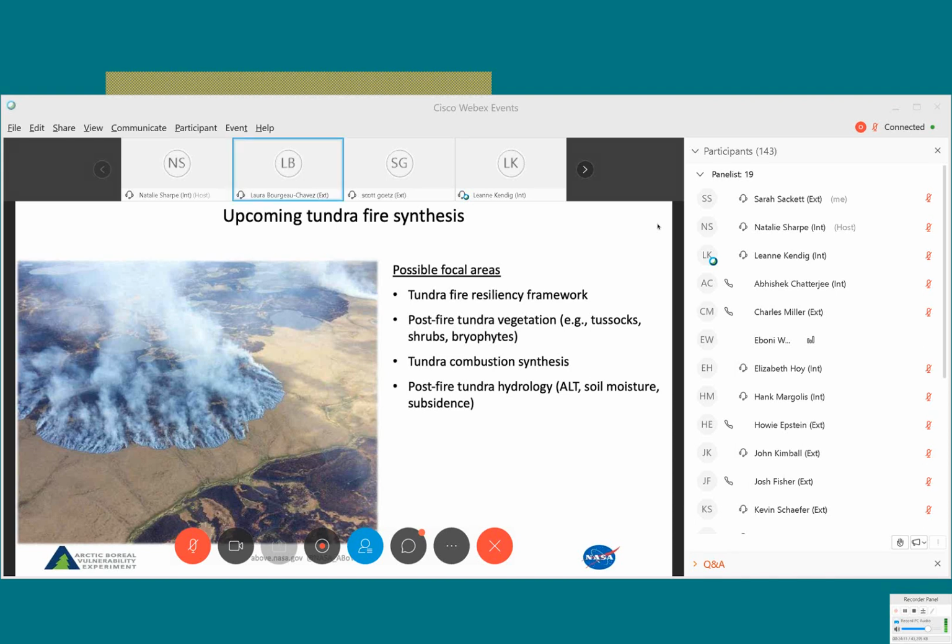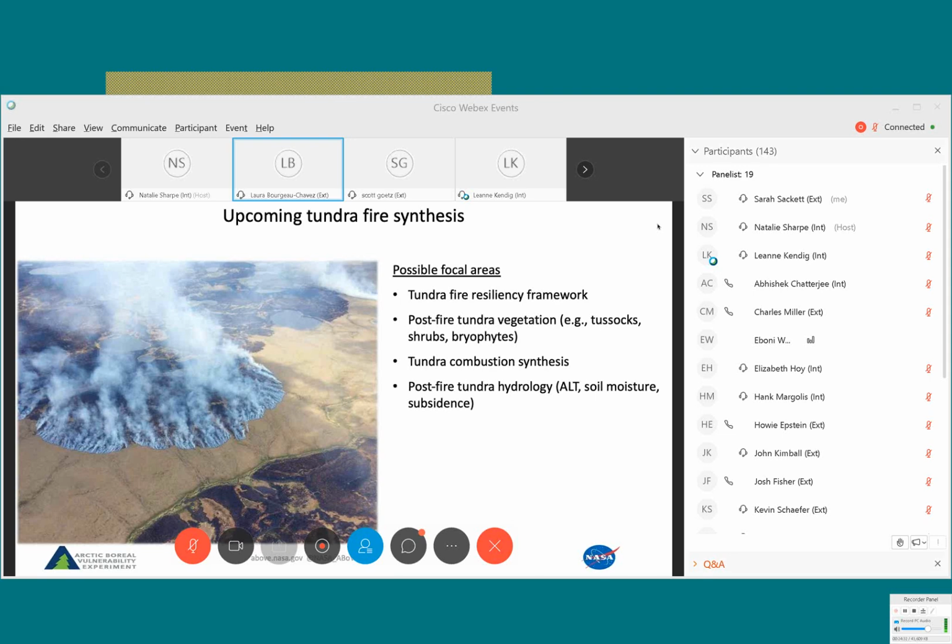So it's really led by Tatiana, and Xanthi had stepped up to do this. Originally, the idea was to have tundra fire as a part of the combustion synthesis, but then it got to be too much, and so it was just a focus on boreal. And so now we realize there's a gap here.